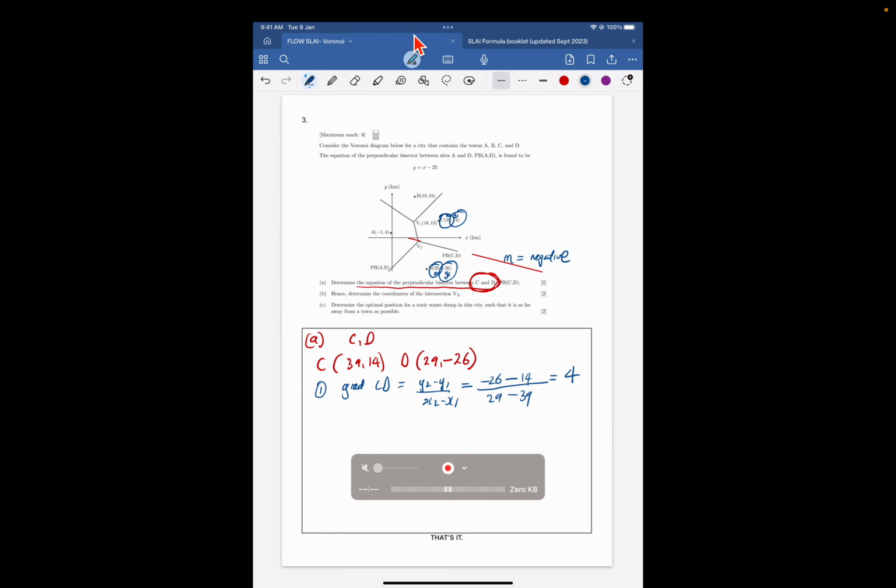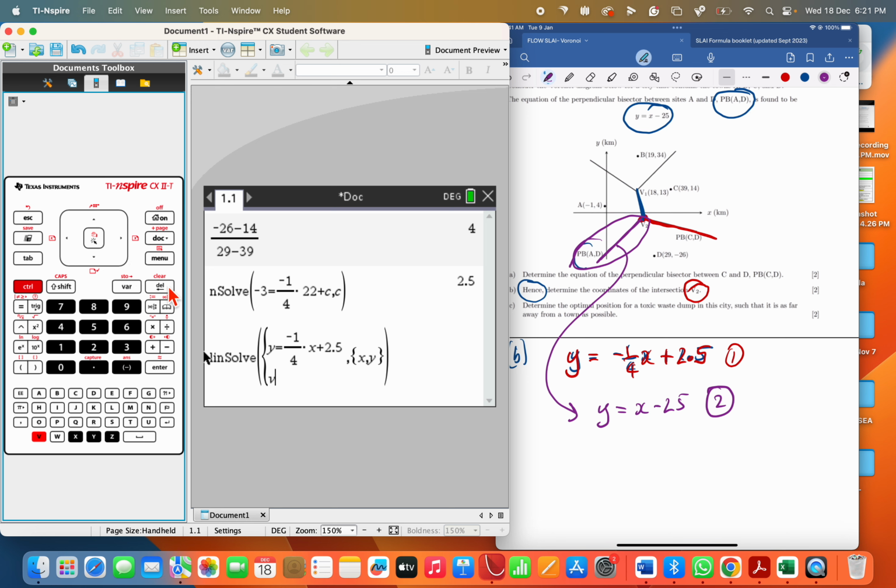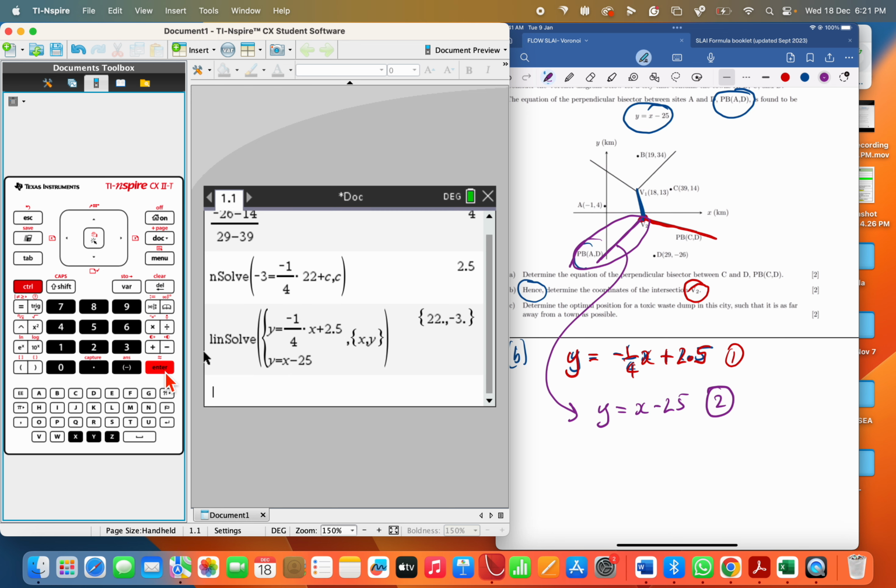Y equals, and control divide, negative 1, arrow down 4, arrow to the right, times by x, and then plus 2.5, arrow down for the next equation, y equals, x subtract 25, off you go, and there you go.